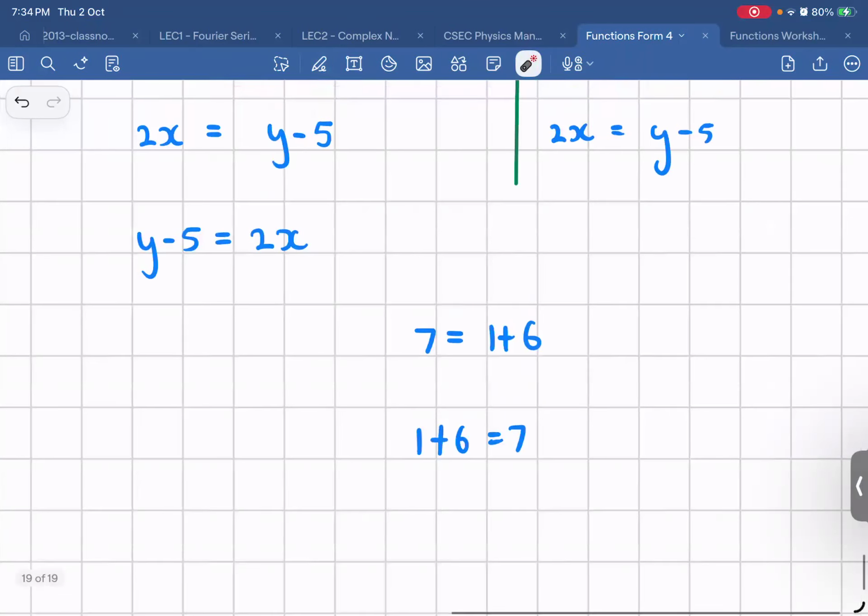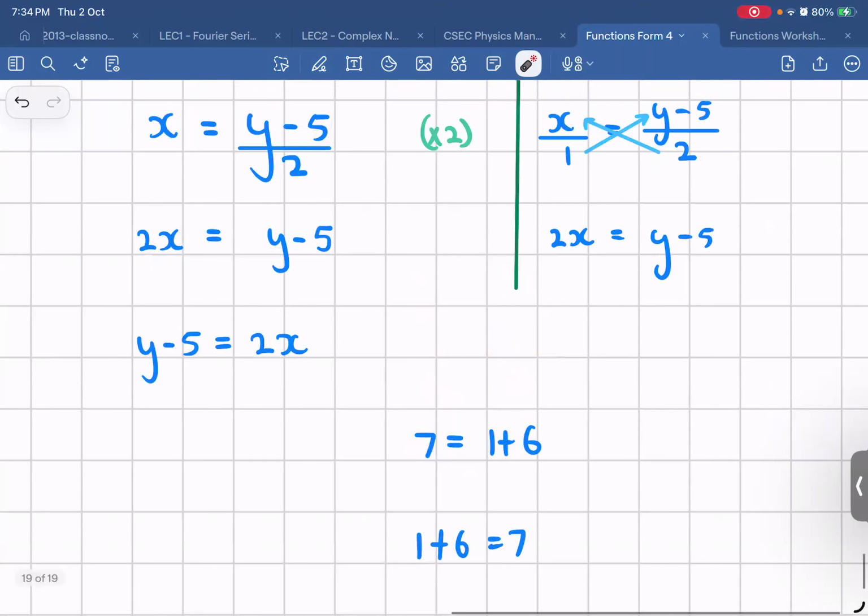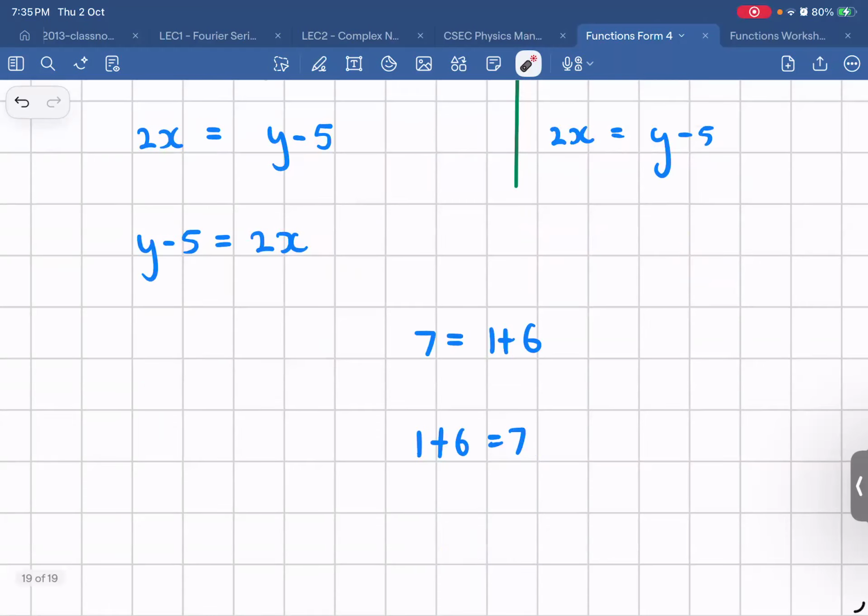So what I'm saying is, if you make the left-hand side the right-hand side, and the right-hand side the left-hand side, there will be no change in sign. Because watch, 7 is equal to 1 plus 6, so wouldn't 1 plus 6 still be equal to 7? Yes, sir. So if 2x is equal to y minus 5, then y minus 5 would still be equal to 2x. You understand the concept?